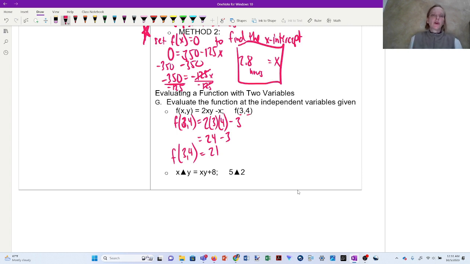Sometimes functions with two variables are expressed using something that looks like function notation, but sometimes it's written in a totally new notation with totally new defined symbols. So here's an example where a triangle means some sort of relationship between x and y. And then we're told what that relationship is, x times y plus 8.